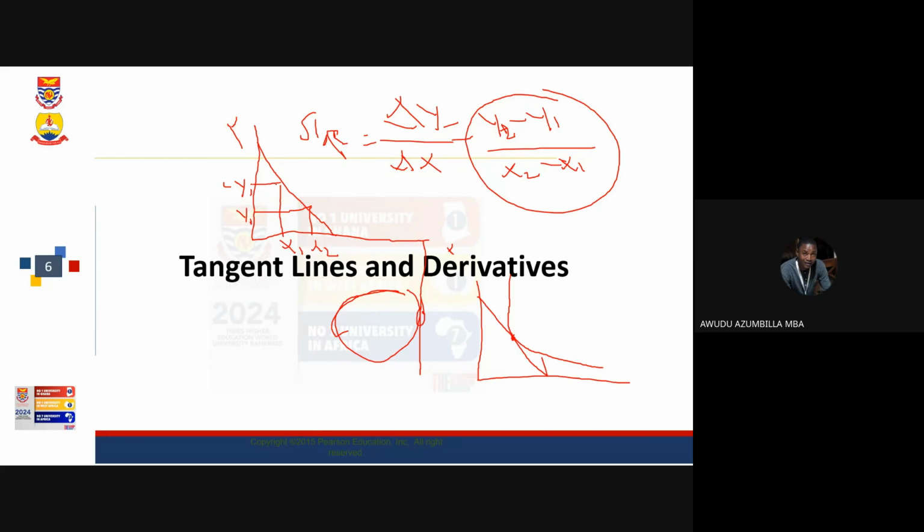So we'll look at the straight line, for instance. We want to look at the changes between y2 and y1 divided by x2 and x1. We are looking at how the function or the graph changes over time. But if you have the tangent line like this, which is a point, how do we find the slope? It becomes very difficult for us to find the slope of this tangent line.